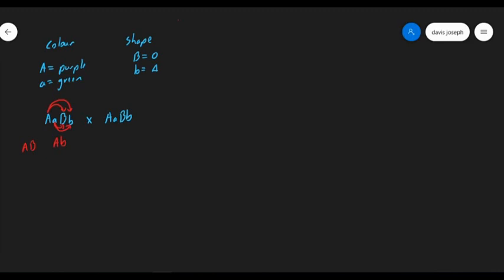So we'll get little a, capital B, and little a, little b. So this would be our possible gametes for both parents, seeing that both of them are heterozygotes for color and shape. So we now have to draw a 4 by 4 Punnett square.